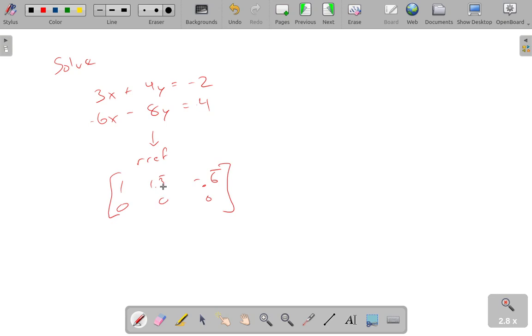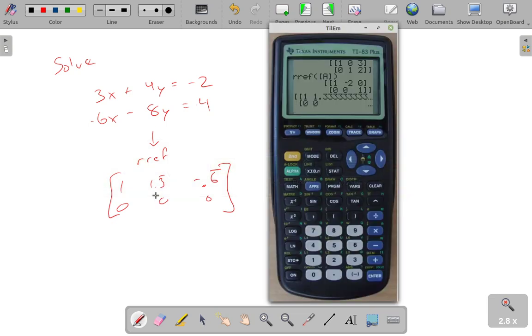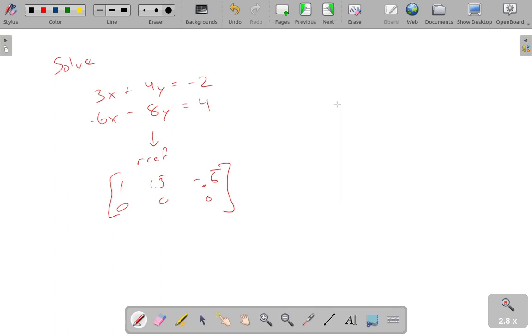A quick note, if you end up with things like this, these are not very difficult decimals to deal with because it's just 0.3 repeating. If you press the math button here, you can tell the calculator to try to convert things to fractions right there. It takes this answer and tries to convert it, and you can see we get 1, 4/3, negative 2/3.